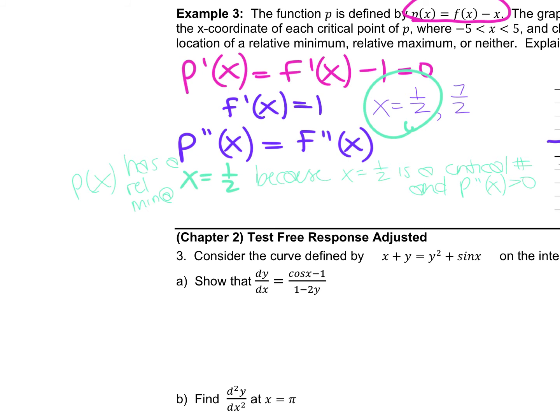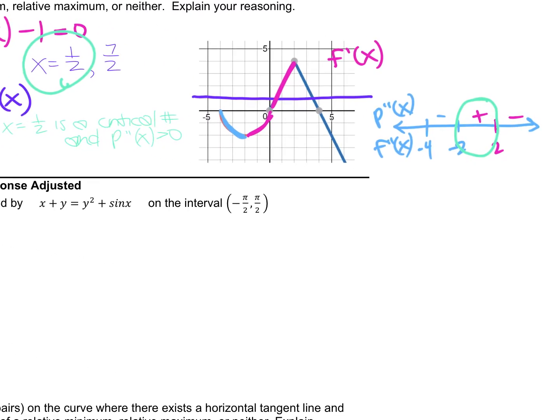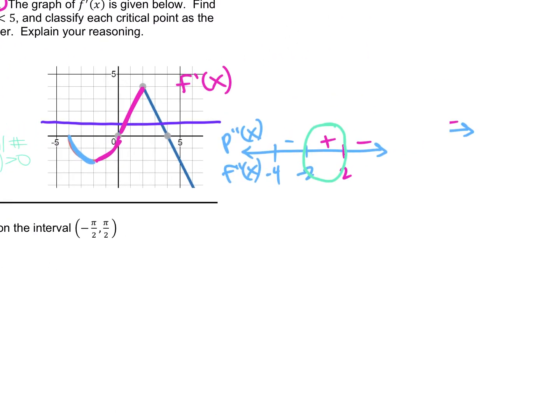Then we say the same thing about 7/2. So I go back to my number line. 7/2 goes in here, in front of the 2. Right? So at 7/2, the double prime is negative.